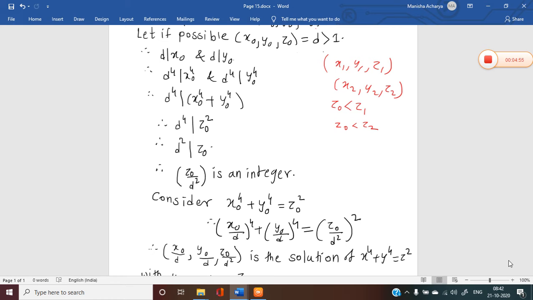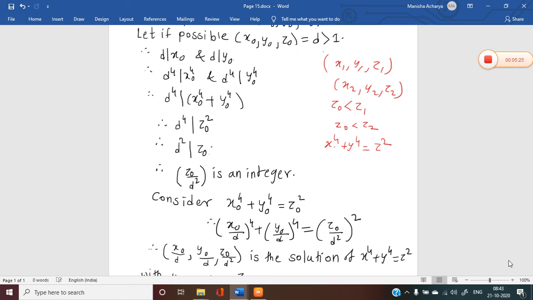Therefore d raised to 4 divides their sum, but their sum is equal to z0 square, because it is a solution of x raised to 4 plus y raised to 4 equal to z square. So x0 raised to 4 plus y0 raised to 4 is equal to z0 square, and therefore d raised to 4 divides z0 square, therefore d square divides z0, that means z0 upon d square is an integer.